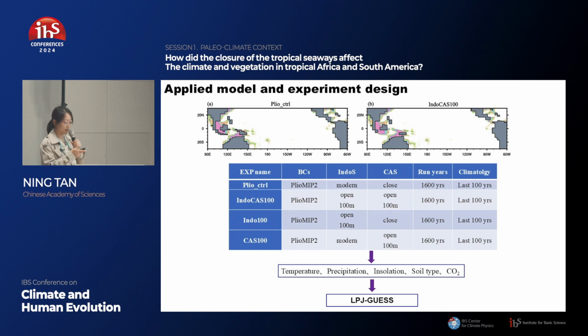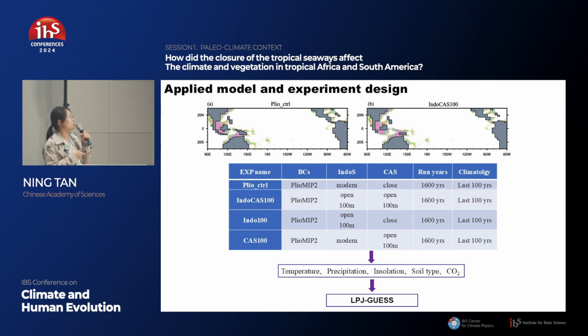by comparing two simulations. So what we have done is, based on the Pliocene control simulation from the Pliocene mid-boundary conditions, for these two tropical seaways we eliminated some land grids in the Indonesian seaway and also in the Panama isthmus, to represent their previous opening and widening stages.